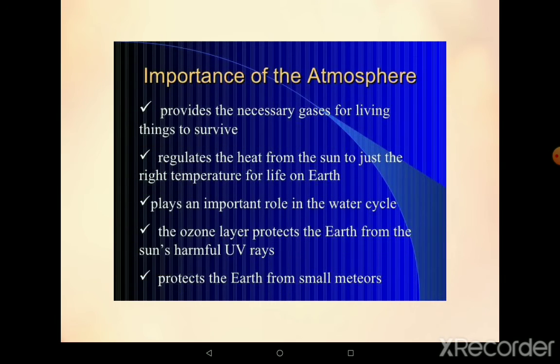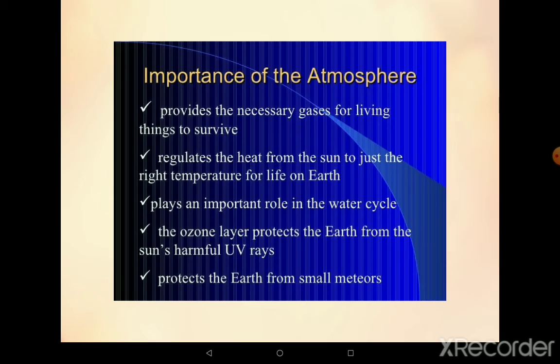Let's learn about the importance of the atmosphere. The atmosphere provides the necessary gases for living things to survive, for example, oxygen. It also regulates the heat from the sun to just the right temperature for life on the earth, and also protects us from the UV rays, and it also plays an important role in the water cycle.